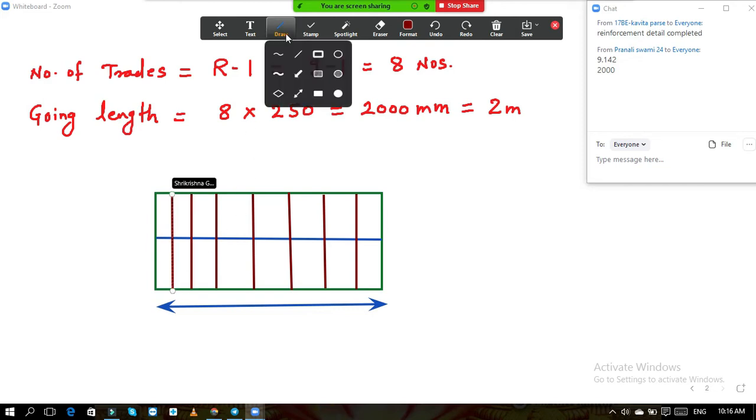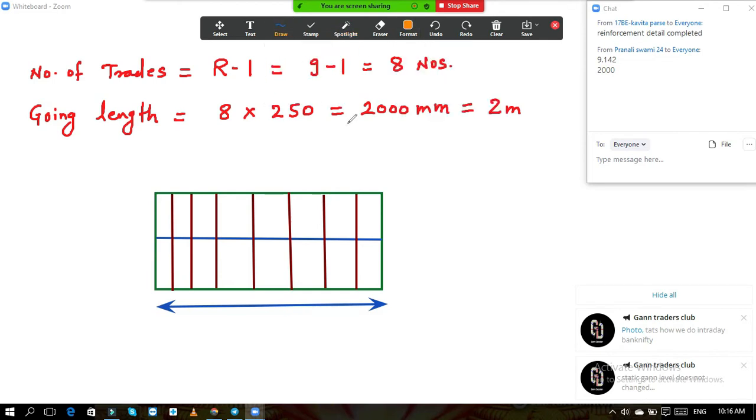So here I have drawn 8 treads. If you are going up from this direction, then it is 1, 2, 3, 4, 5, 6, 7, 8. 8 treads are there.